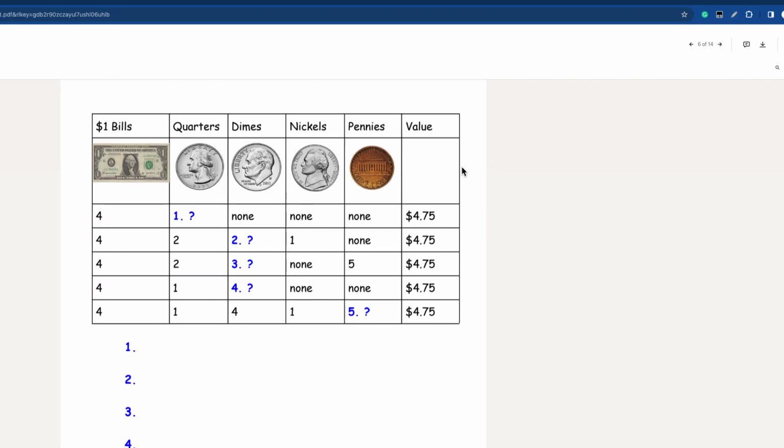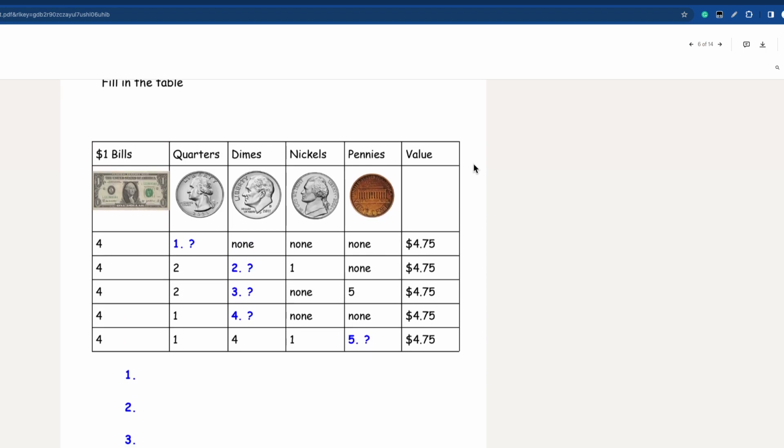All right, moving into the next worksheet. Fill in the table. We're going to have to make the value equal $4.75. We already have four $1 bills, so that equals $4.